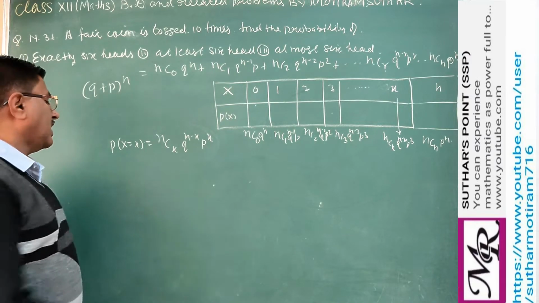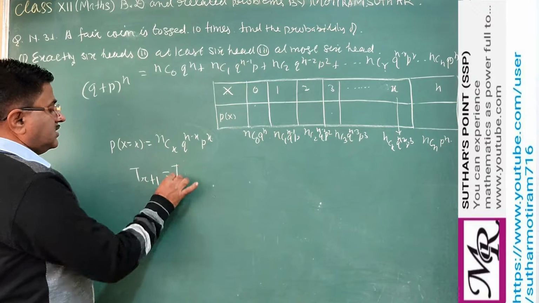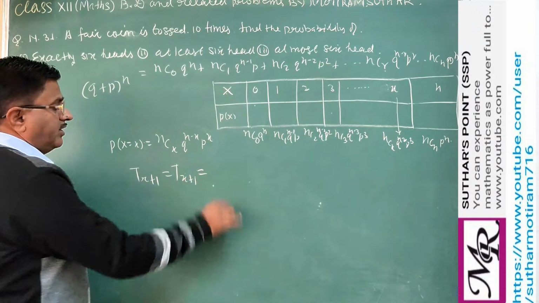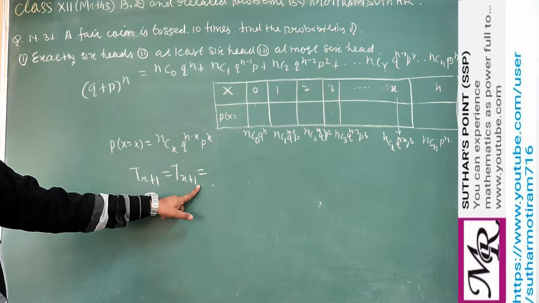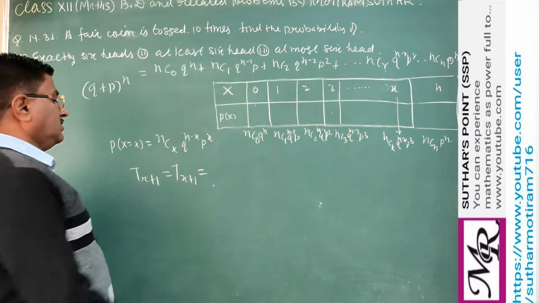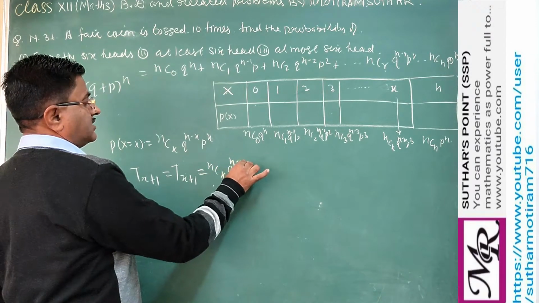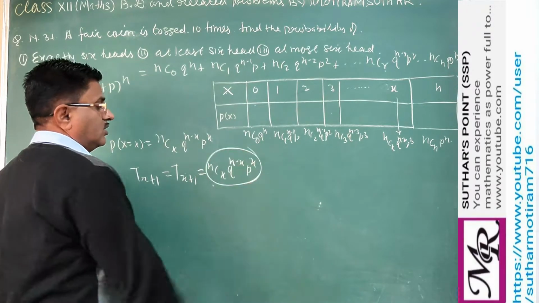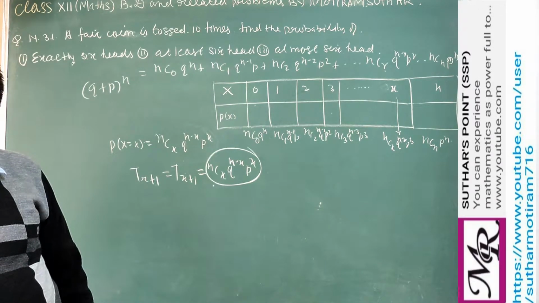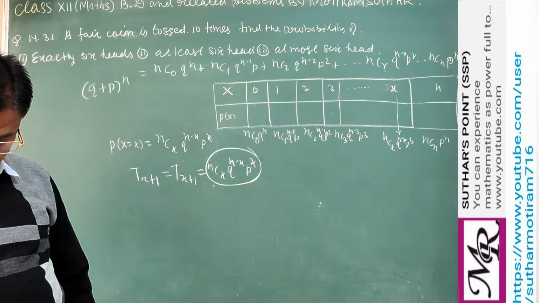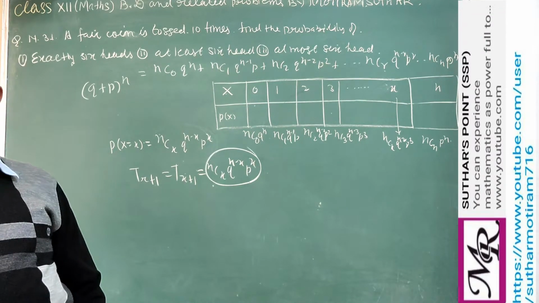Like in 11th class we say the t r plus 1 term, here we say the t x plus 1 term. Right? So that is our success, we can say x plus 1. So nCx q power n minus x p power x gives you the x plus 1 term. Clear? So in this way we can find the values for a particular success.